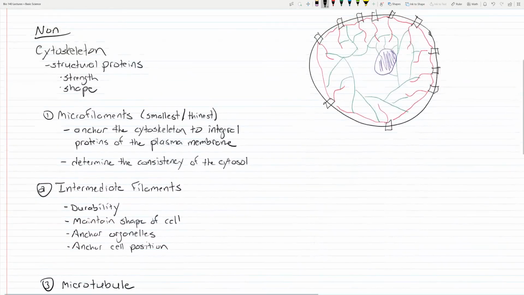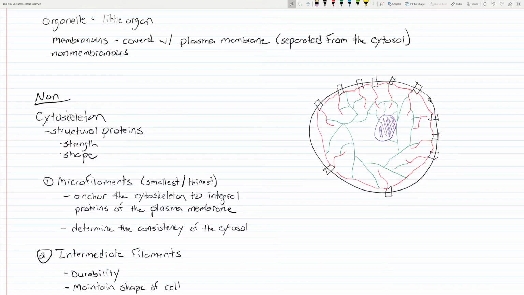So what you do is you have this thing called the spindle. Let me draw it in a different color. Let's make it dark blue. So you have this thing called a spindle right here, and from that spindle you have these microtubules that come out from the spindle.